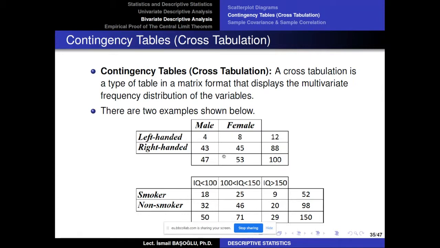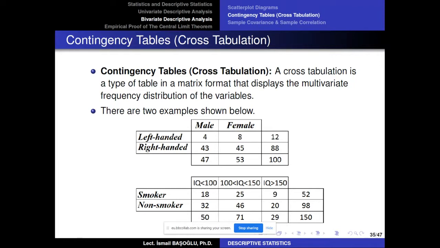Now, by looking at the values in the cells, we can see the number of left-handed male people, left-handed female people, right-handed male people, and right-handed female people in this population of 100. Our objective here is to indicate if there is a relationship between being left- or right-handed and the gender of the person.